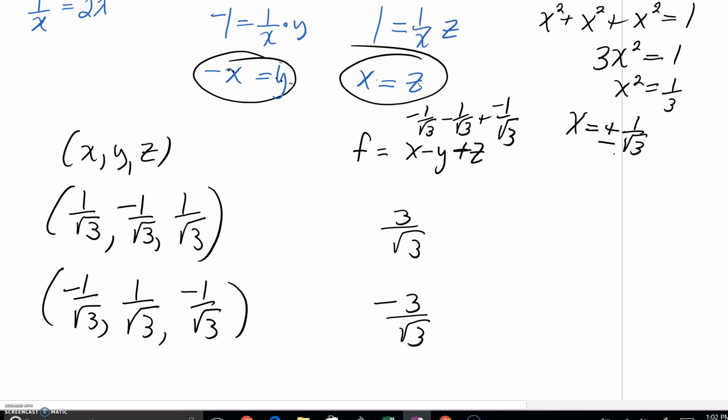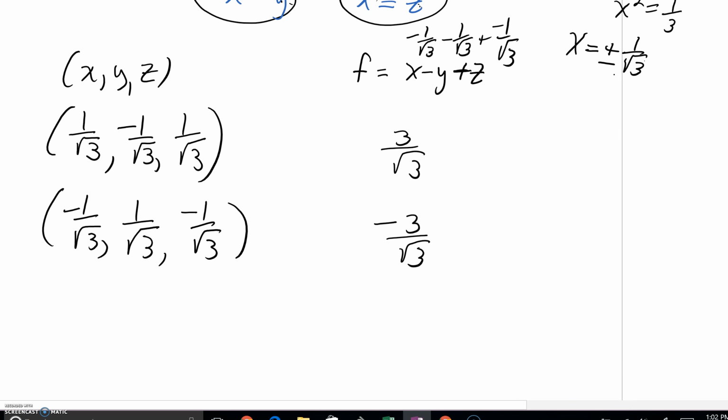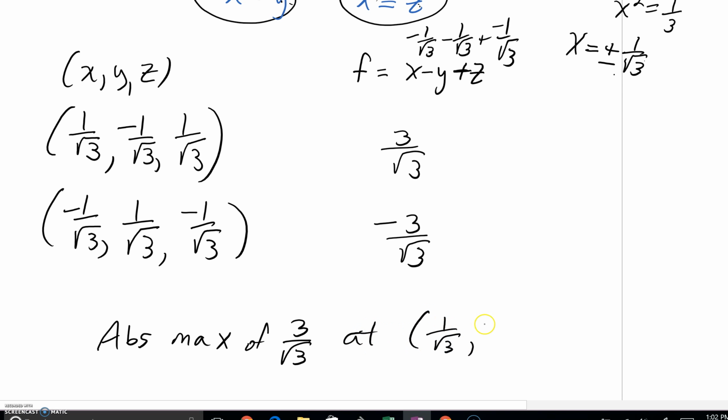Now at this point, we can name the absolute maximum and the absolute minimum for the function. Guess what our absolute max is? Absolute max of 3 over root 3 at the point 1 over radical 3, negative 1 over radical 3, comma, positive 1 over radical 3.